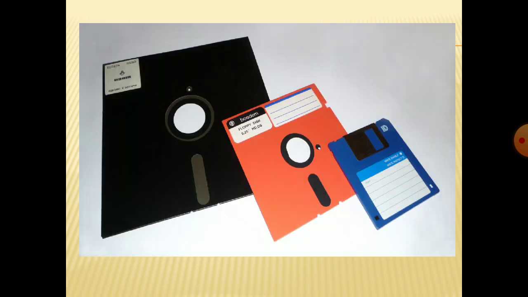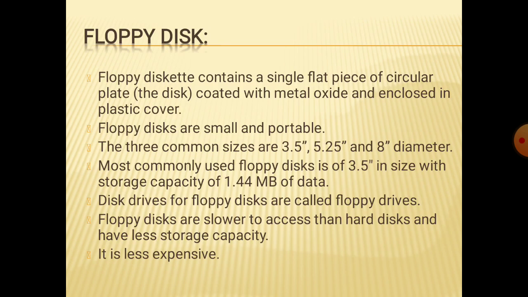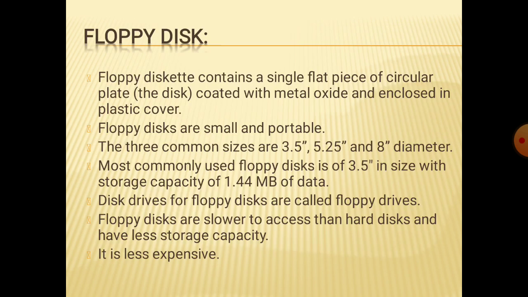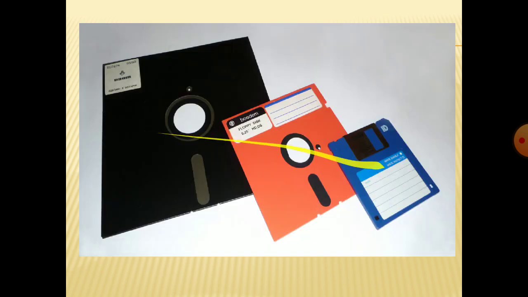So these are the different floppy disks we can see, divided based on size. This was the last one, the 8-inch; this is 5.25 and this is 3.5. These three floppy disks I had taken: 8, 5.25 and 3.5 inch. Actually here it is circular.